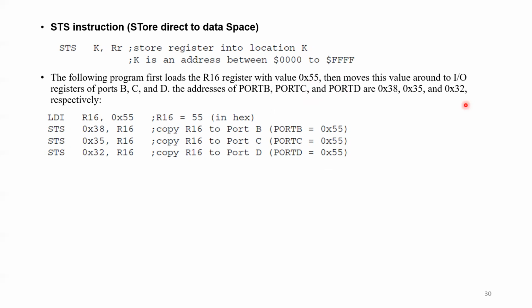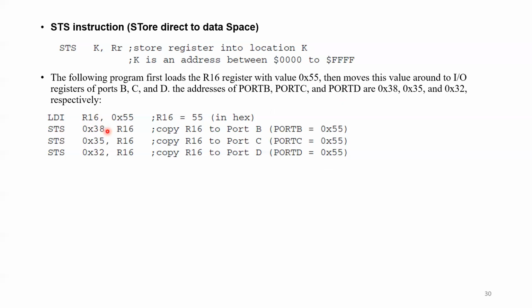So what we can do is, firstly, load the value 55 into R16. Sorry, not memory location, this is the value. LDI, load immediate, means this is a value. So LDI R16, 0x55 means load 55 hexadecimal data into register R16, then store it in data space with STS.